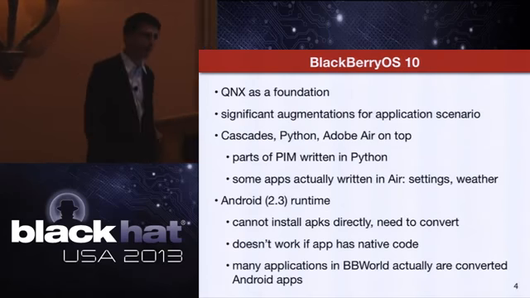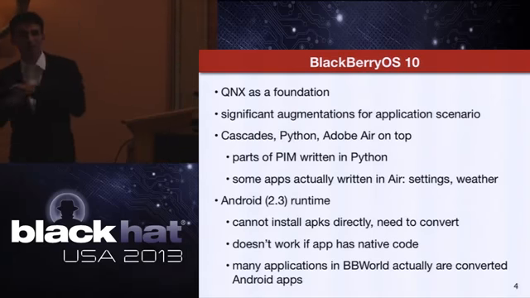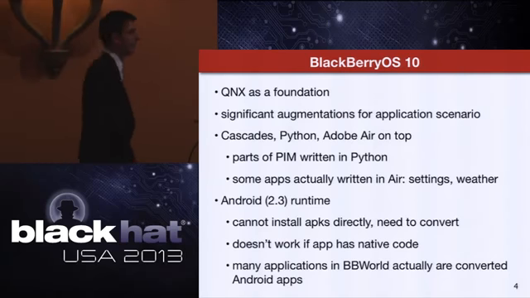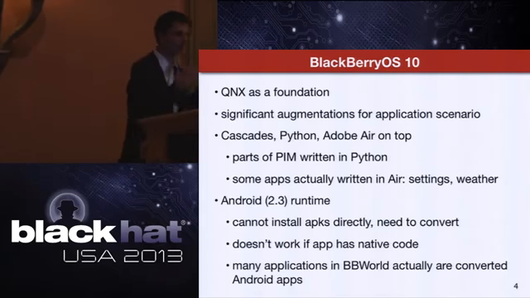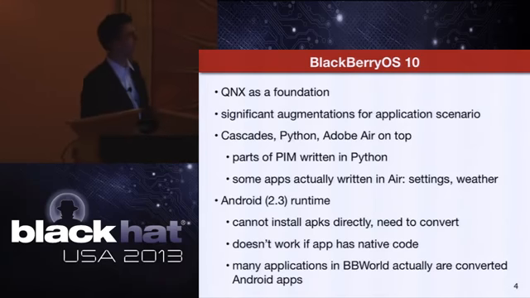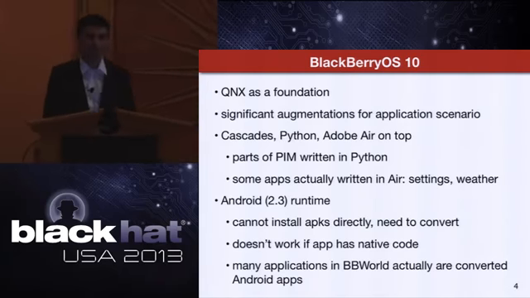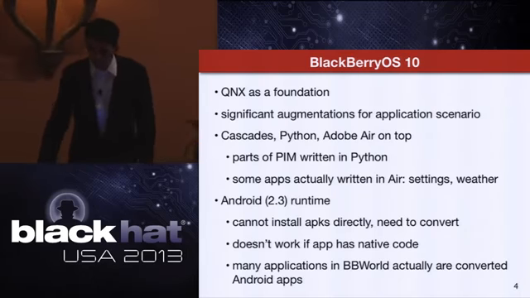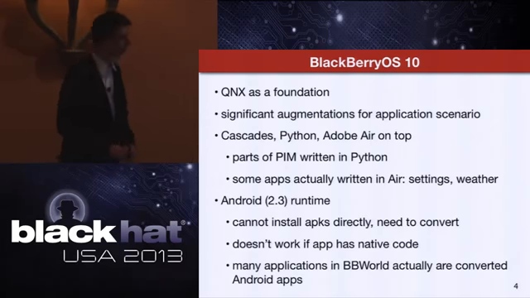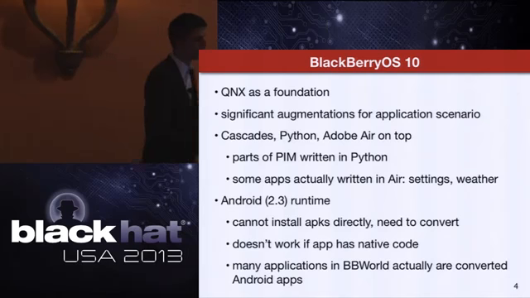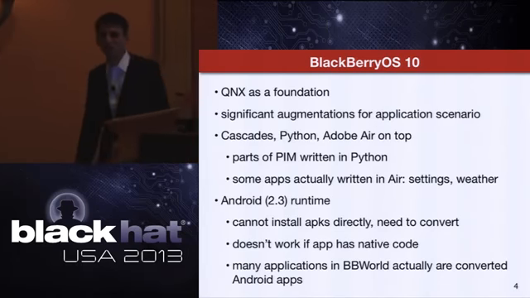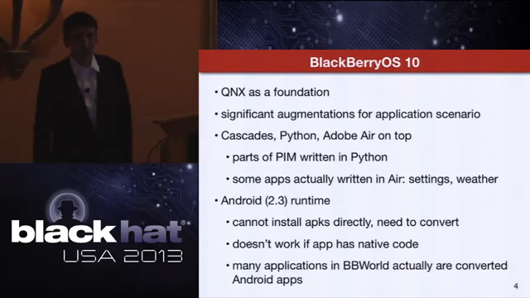And with BlackBerryOS 10, things have completely changed, and you're feeling even more at home now because RIM, or BlackBerry as they have called themselves now, have started using QNX as a foundation. So QNX is an embedded operating system that before was, the main use of this operating system was in cars, in telematics, and other embedded devices.